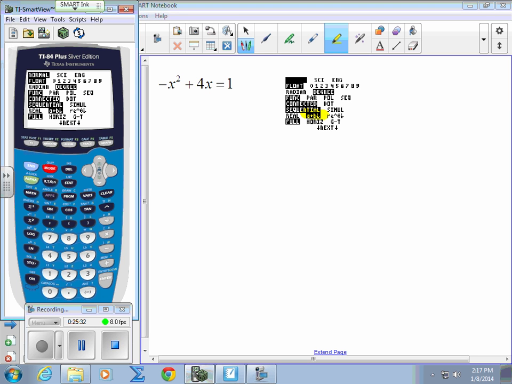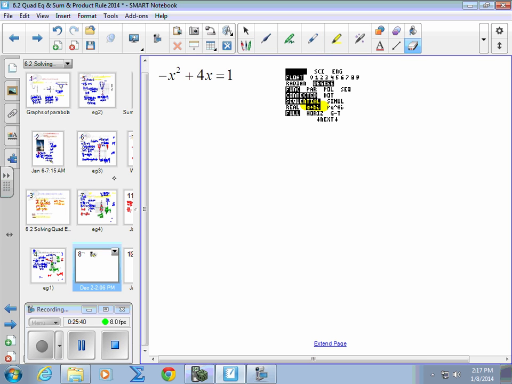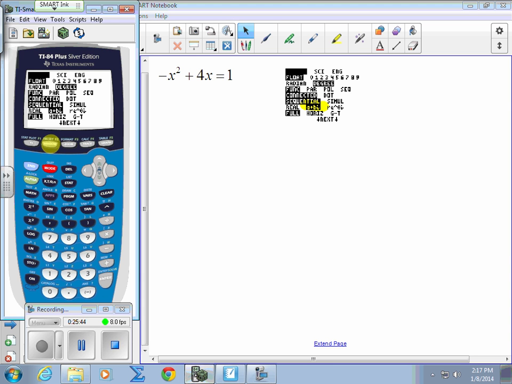The next thing I'm going to do is go to Window. Well, let's just go to Zoom and go to these features. That puts it back on the default so that everybody looks the same.